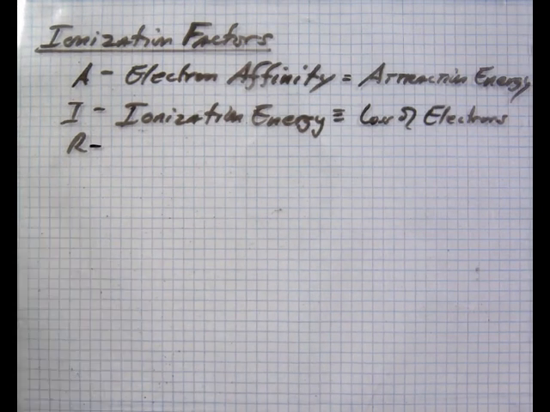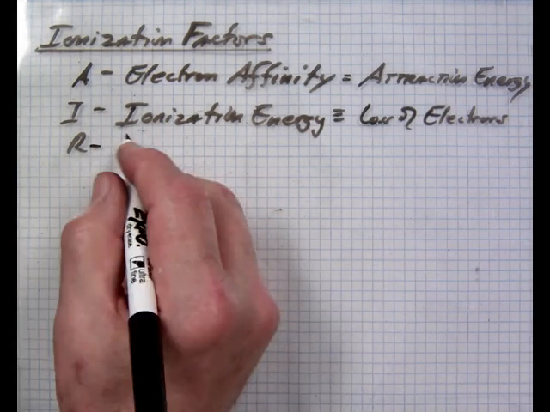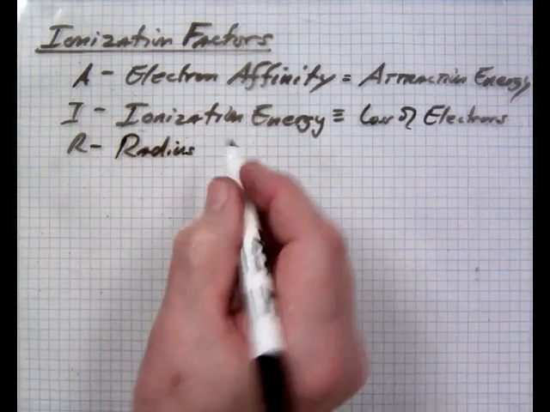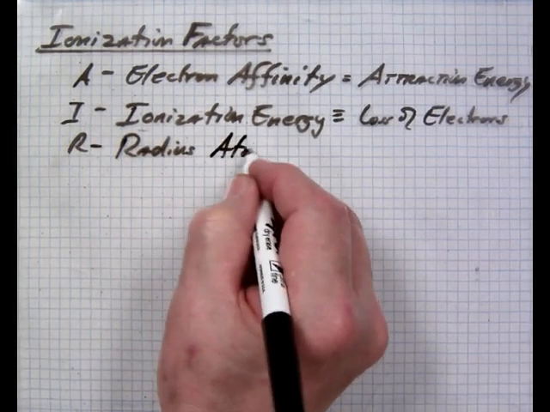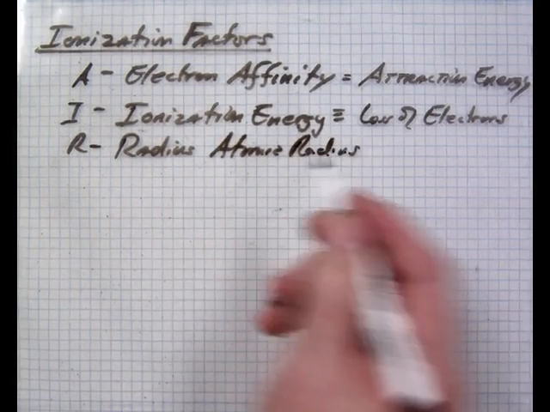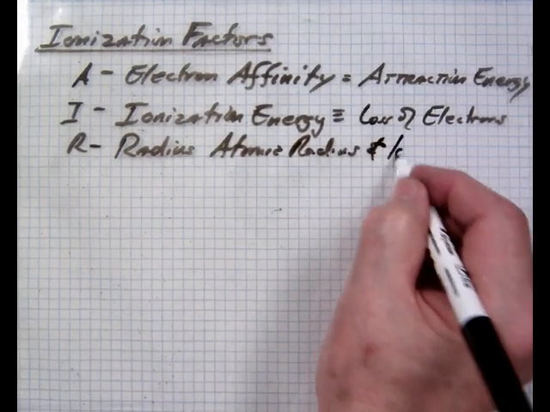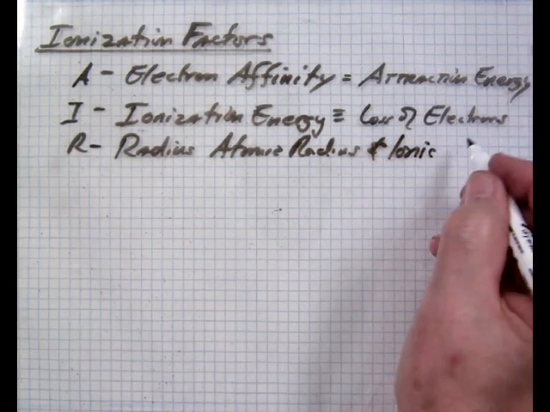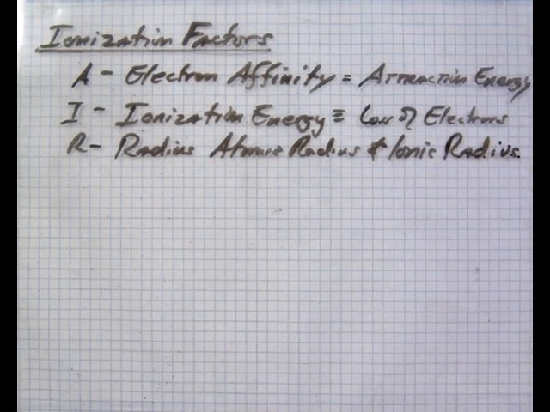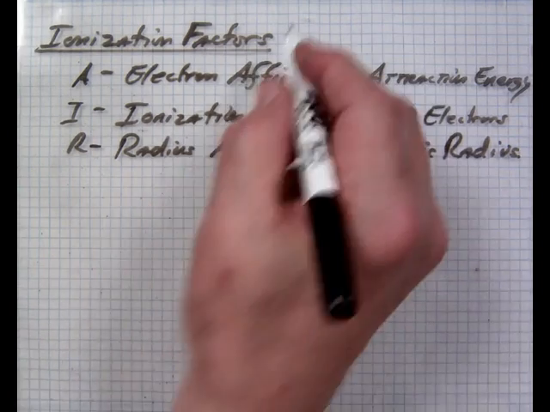And the over-governing factor in all of this is radius, which is twofold: atomic radius and ionic radius. So when we look at these three terms, they are used to describe the reactivity of elements.